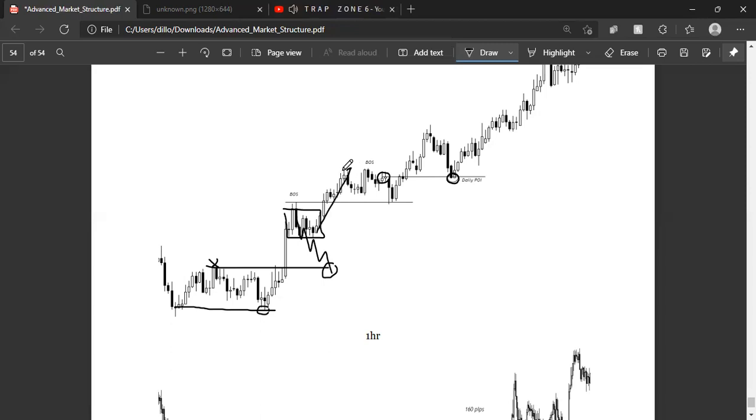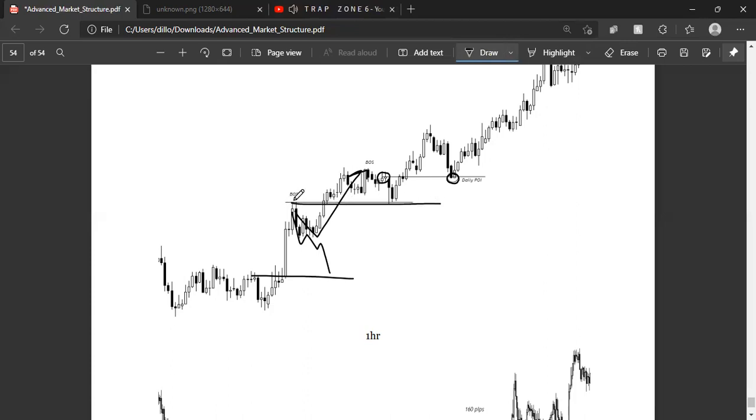It just continued to the upside, right? Which, if you're looking at this, you got a high here and a low here, right? So which one gets broken? The high, correct. So we don't retrace, we continue to the upside.